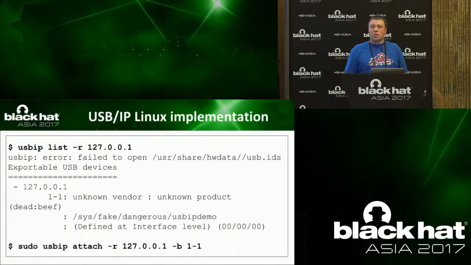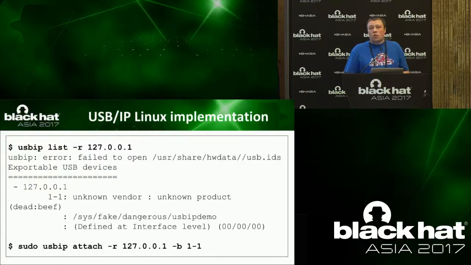On one side, the user space process extracts the low-level network packets from the virtual interface, forwards them to the other side, and the other side just injects them back into its network stack. Here I got interested that on the server side we have this daemon which runs in the background, but on the client side we have only the USB IP client utility, and when you import a device, it immediately exits.